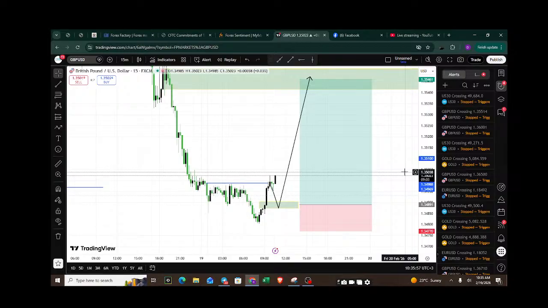Okay, so price has refused to tag us in on level 1.3489, but we are not going to force it because remember I had already gotten in with a smaller lot size.